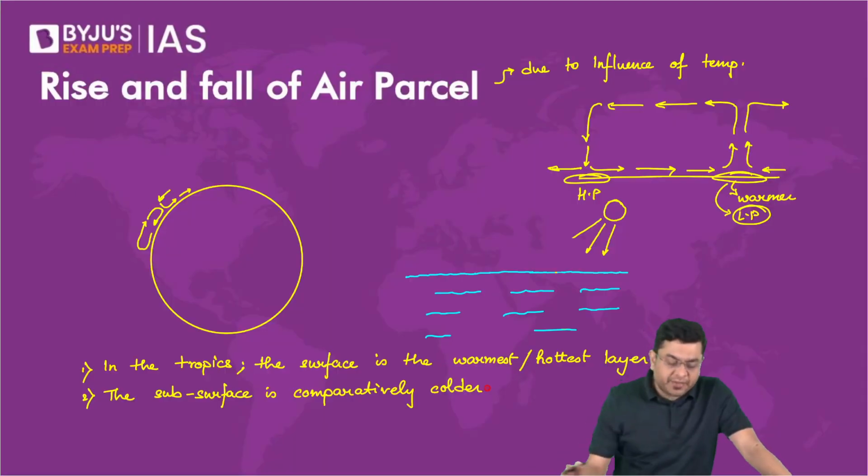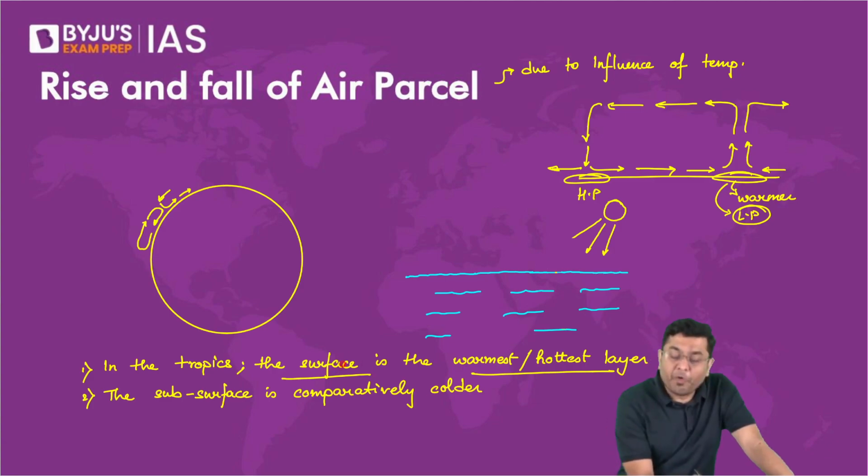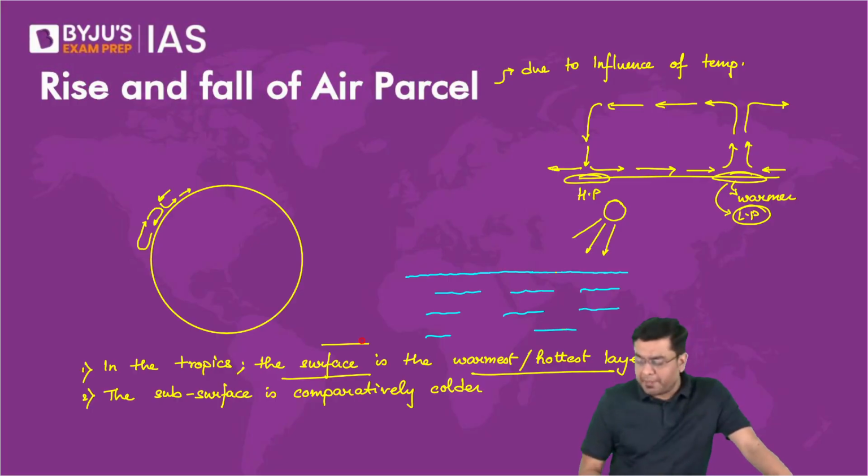The surface is so in the tropics, the surface is the warmest and the hottest layer. And then why? Because that is the region where you have maximum intensity of the solar rays received, and the subsurface is comparatively colder. Okay.